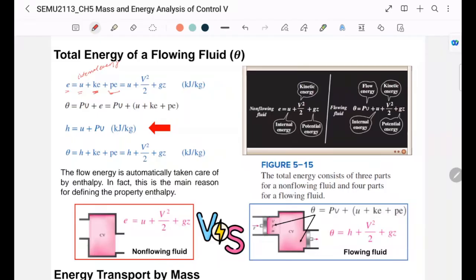But the total energy in the fluid itself is the internal energy plus kinetic energy plus potential energy. Almost the same as when we define the system as well. And if we write everything in specific form, which means over mass, then it's U plus specific kinetic energy, V squared over 2, and specific potential energy, gravity times altitude, Z, elevation, sorry.